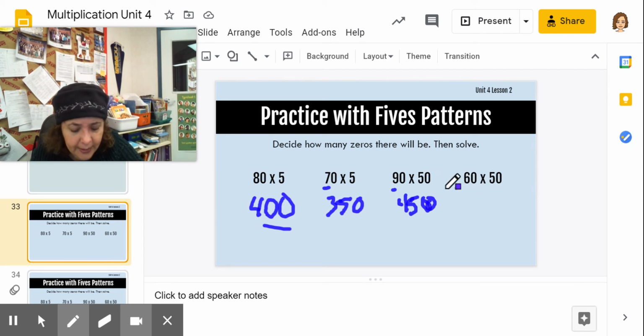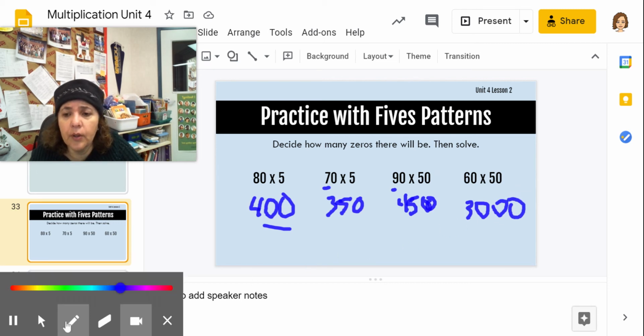So 60 is an even number, so I know it's going to end in a 0. So I already have that 0 plus the 0 and this 0. It's going to give me three zeros on that one, okay? And let's see, 6 times 5 is 30, ends in a 0, but I got to add my other 2 zeros. So see how we have 3 zeros on that one, okay?